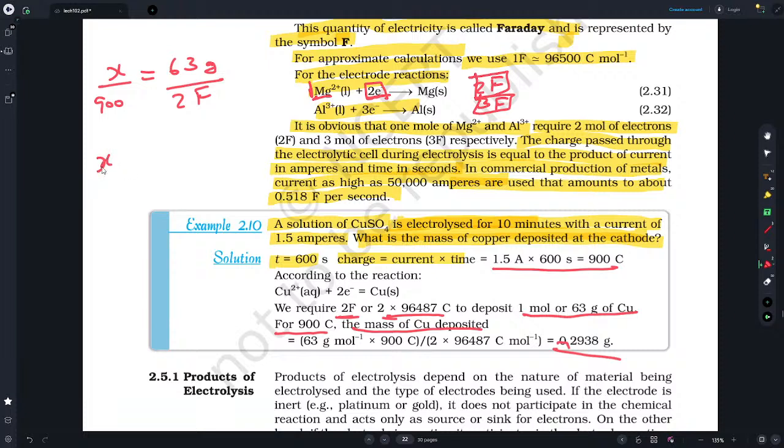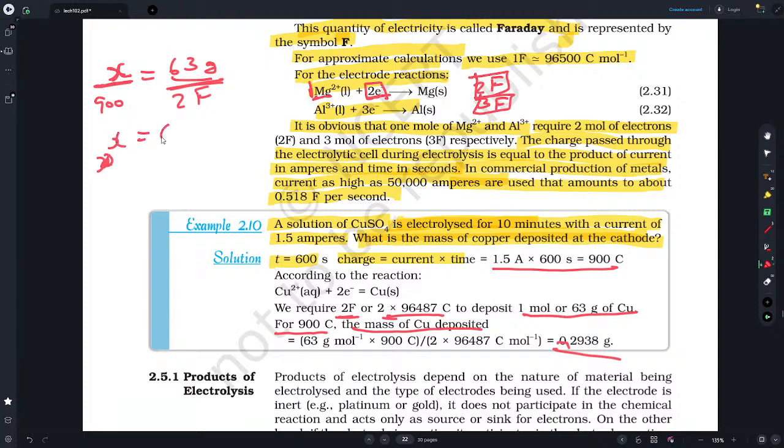This they substituted. For 63 grams or 1 mole we need 2F or 200,000 coulombs of charge to deposit 63 grams. And so if we take 900 coulombs of charge, what will be the X value?